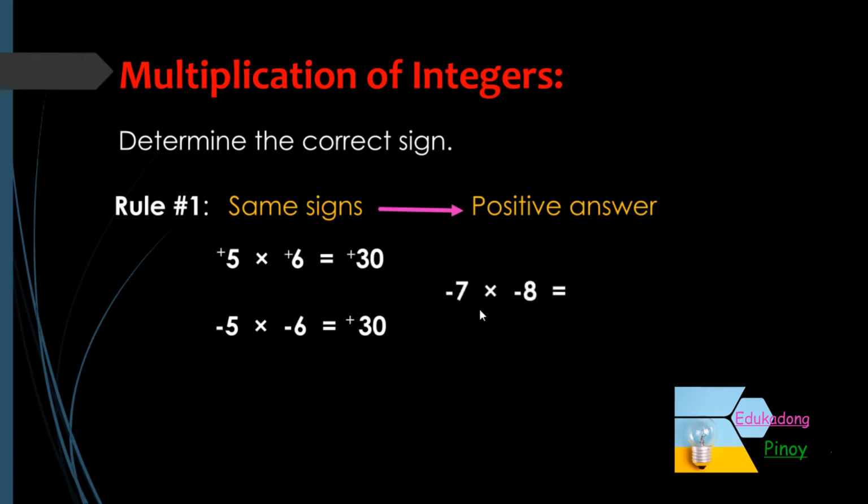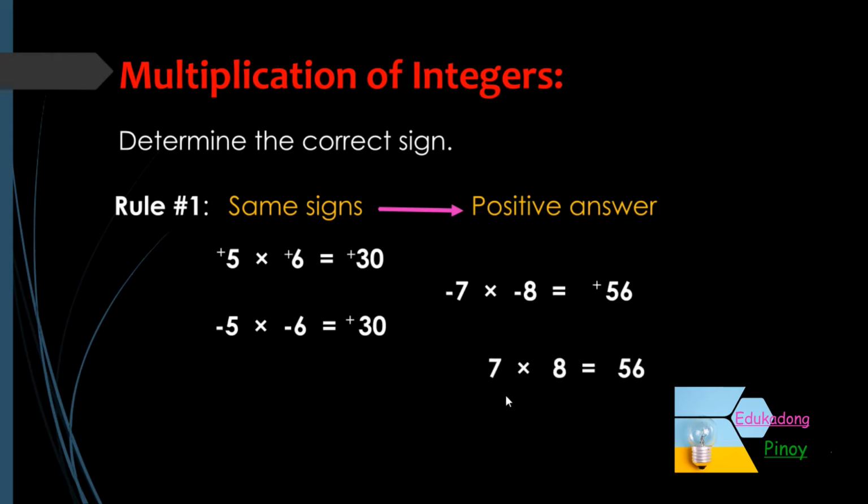Another example, negative 7 times negative 8 is equal to, so 7 times 8 is 56. At syempre, dahil pareho yung signs ng mga integers natin, ang sagot ay positive. So it's positive 56. Next, 7 times 8.